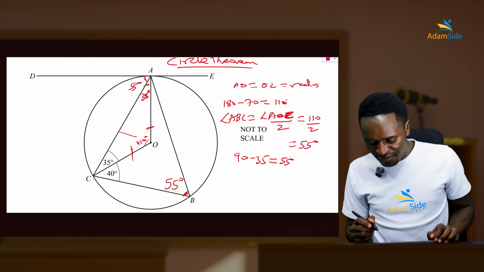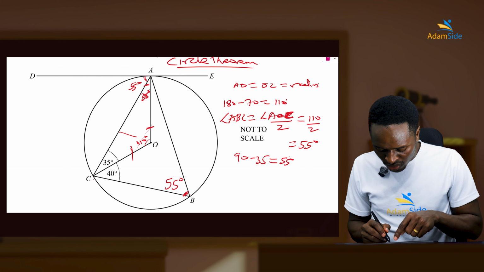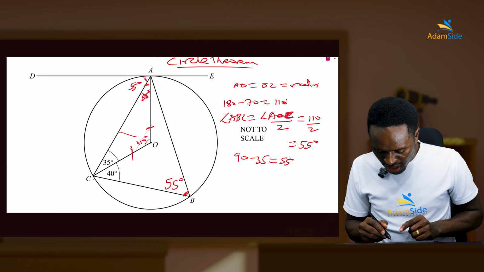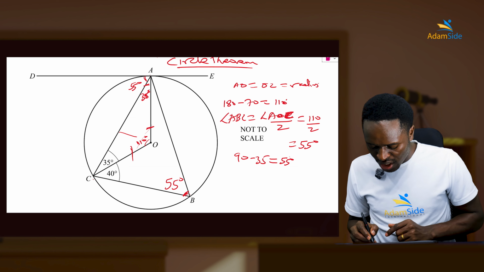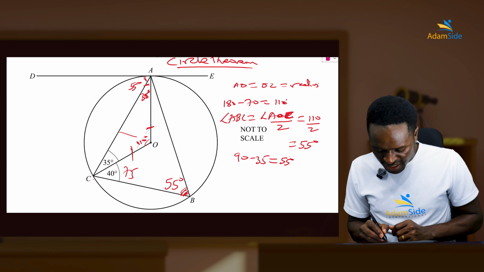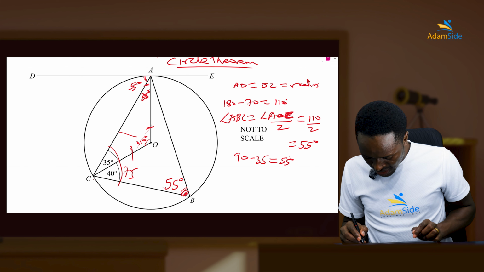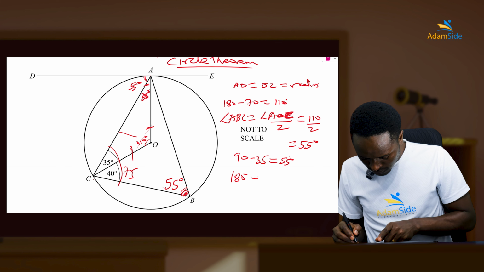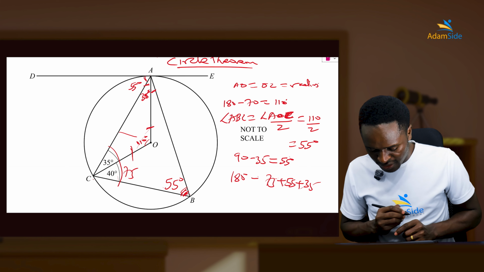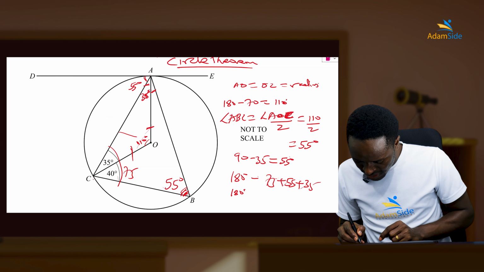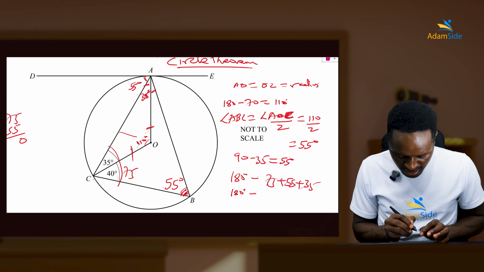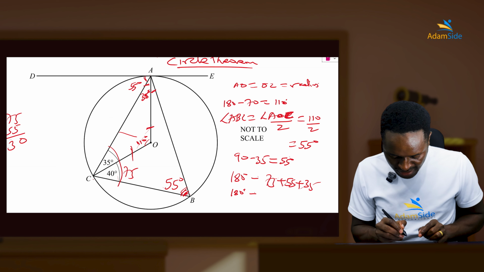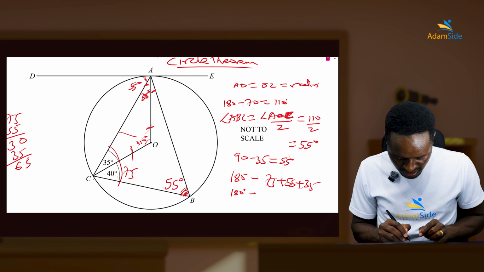So in other words, we have angle 55, and in total 75. So we have triangle ACB. All the angles should add up to 180 degrees. We have this one as 55, this one as 75 in total. So we take 180 degrees minus 75 plus 55 plus 35, so that we can get this small angle here. What do we get? 75 plus 55 is 130, plus 35 is 165.